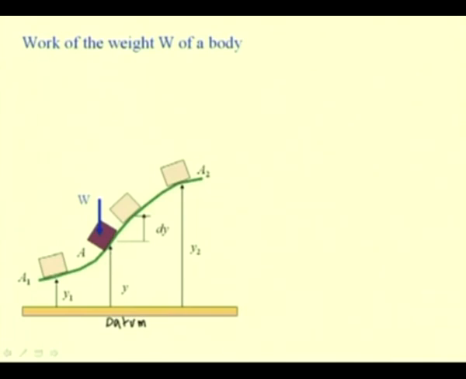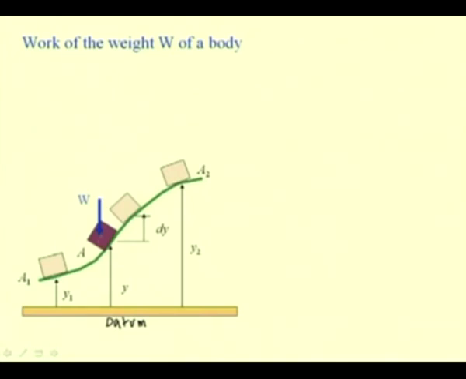So, at A1 we have the coordinate y1, and at A2 we have the vertical displacement y2.